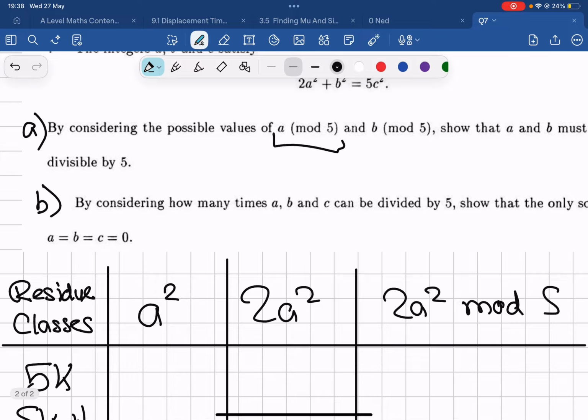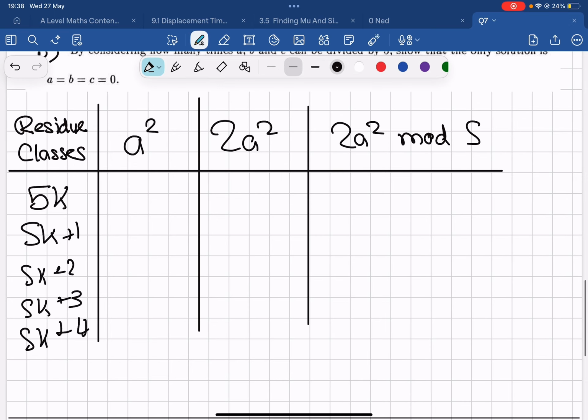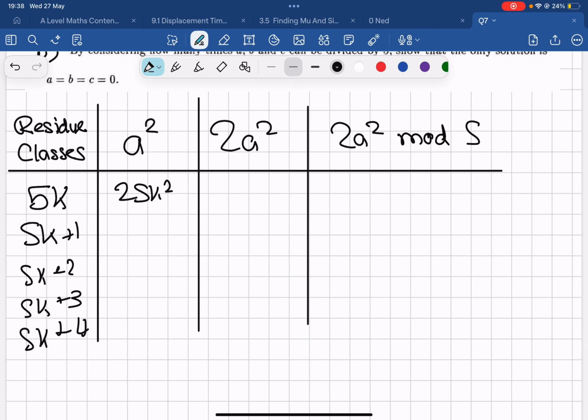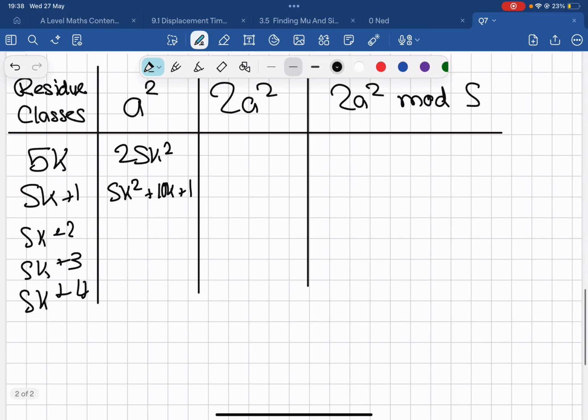So a squared: 25k squared; 5k plus 1 squared is 25k squared plus 10k plus 1; 5k plus 2 squared is 25k squared plus 20k plus 4; 5k plus 3 squared is 25k squared plus 30k plus 9; and 5k plus 4 squared is 25k squared plus 40k plus 16. So this is sort of long.